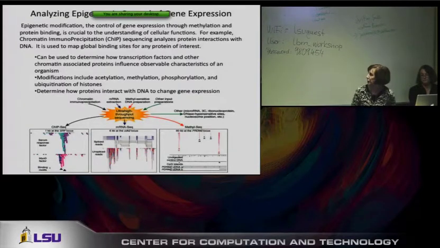I'm sorry, these are a little small. At the top of this illustration, we see the input with the different DNA libraries that have been processed in different manners to obtain this information. On the far left, you see chromatin immunoprecipitation sequencing. The areas of the peaks are the areas where our fragments have detected protein binding.